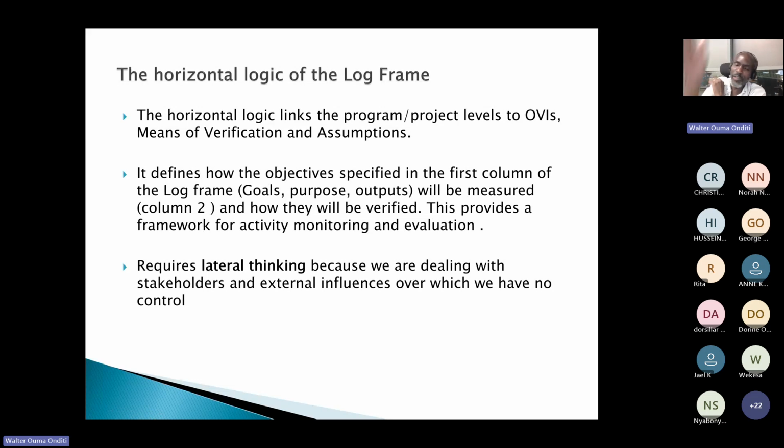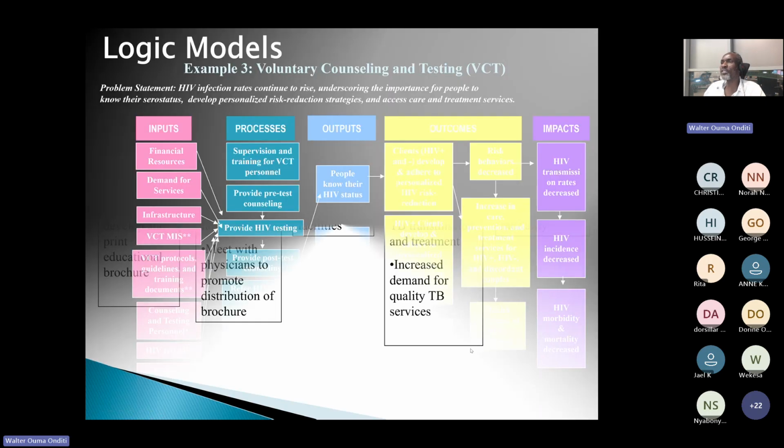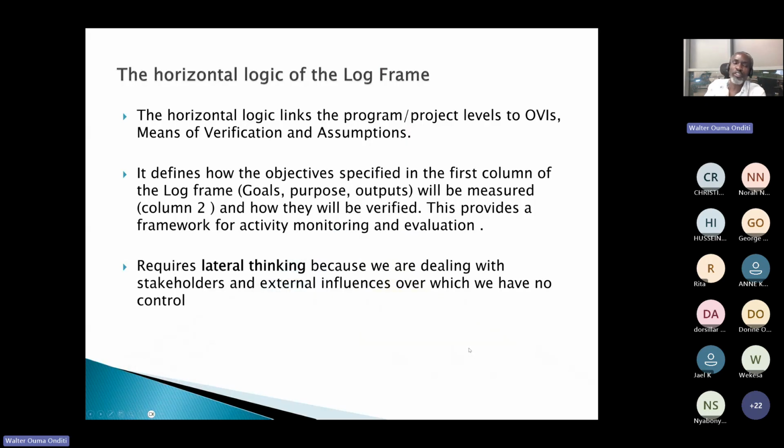So let's look at, that was vertical. This is really trying to put this thing we are talking about in the vertical part. And vertical here means beginning to plan from impact, outcome, output. Then of course we shall be able to implement. So the vertical thinking, that's what we talked about. Okay, let me see the horizontal thinking. So horizontal logic links the program level to objectively verifiable indicators.